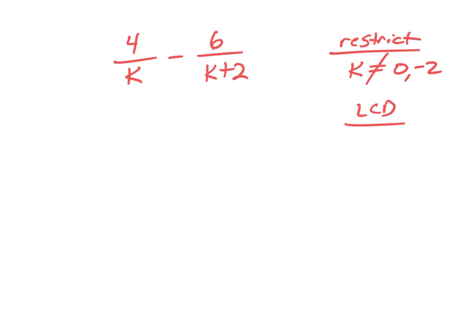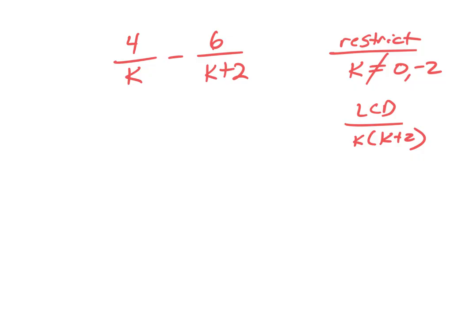Jordan? Yeah. It would be K times K plus 2. Yeah. Because they're each separate. And you could multiply them if you want to. Okay? But you don't necessarily need to distribute that through. And here's why you really wouldn't want to distribute it, because these are the two separate factors.